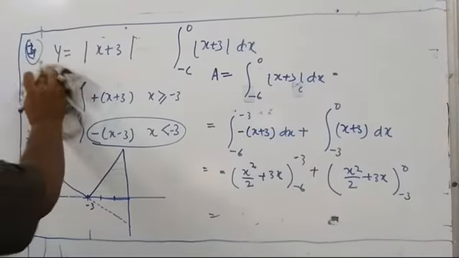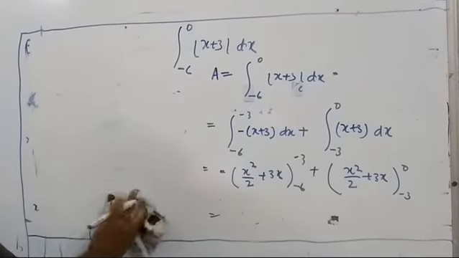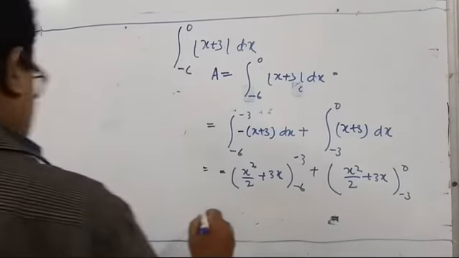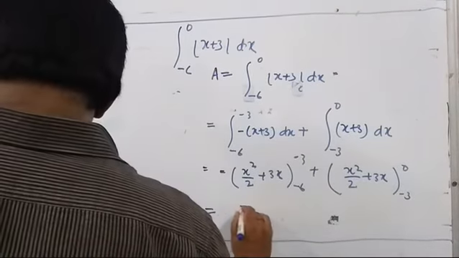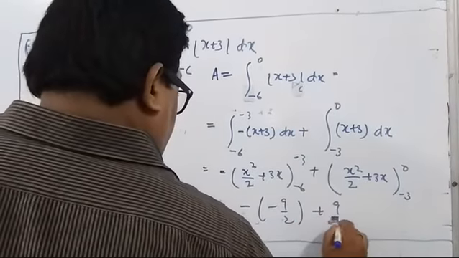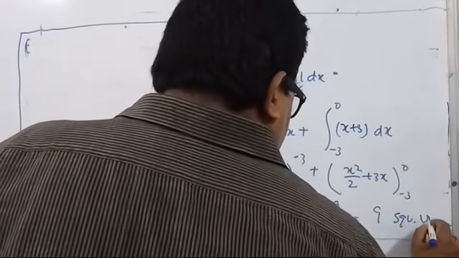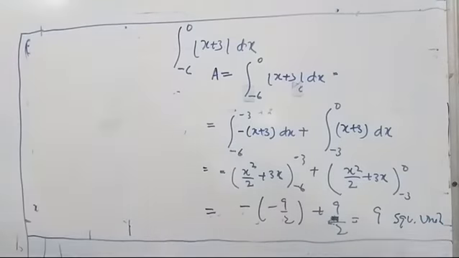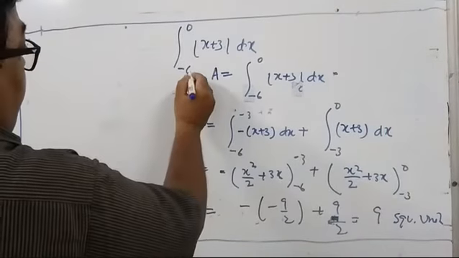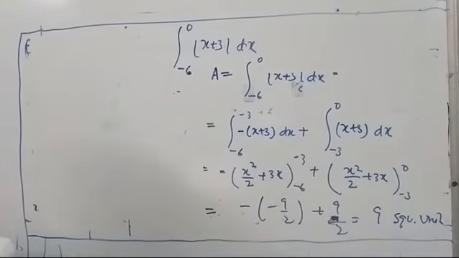Applying the limits, in further calculation, the first portion is minus 9 by 2 and plus 9 by 2, and the final answer is 9 square unit after calculation. So this is interesting. When mod is given, you have to break the limit at the meeting point, whether the result is positive or negative.